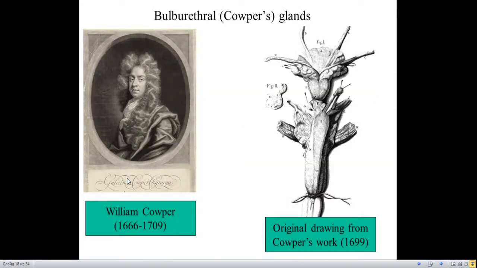And the last internal male genital organ is paired bulbourethral glands or Cowper's glands. They are seen here. Actually, these glands were named in honor of British anatomist William Cowper.